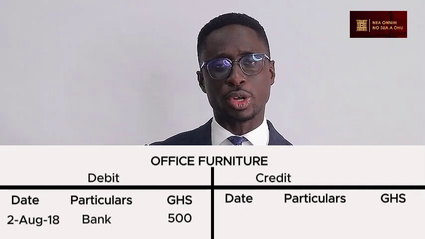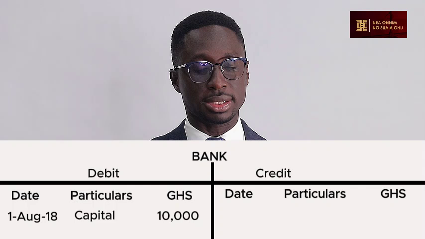Good. So now let's go and record the other leg of the transaction, which is going to be done in the what? Bank account. Fortunately, we've already opened a bank account ledger. So let's go into the bank account ledger. This time round, it is a credit because it's the bank account that's making the payment.